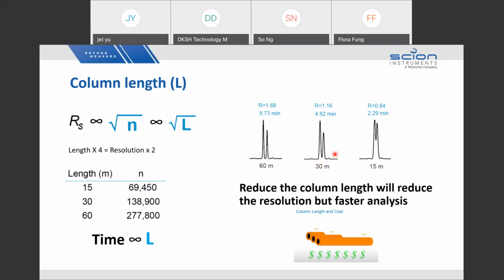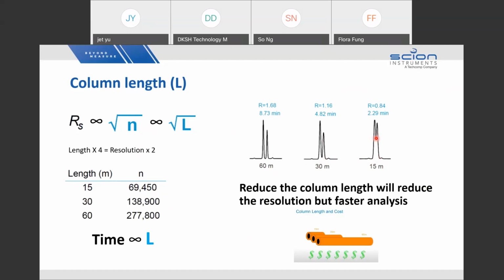But for this type of resolution, we're also able to accept it. It's not baseline resolved, but based on the calculations, the resolution reaches about 1.1 something. But come to this one, maybe it's only 0.8. This is not acceptable. When you do the quantitative analysis, it's going to be not accurate.